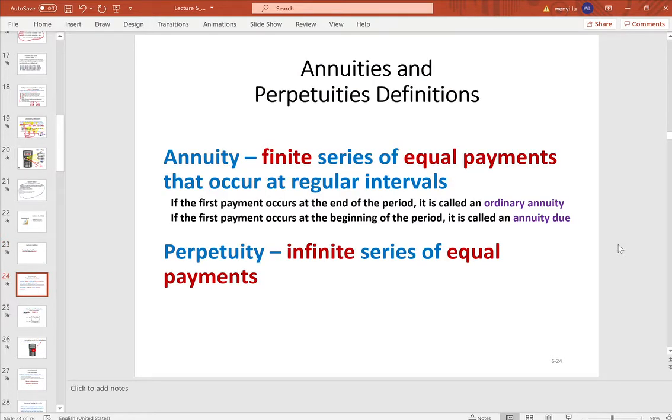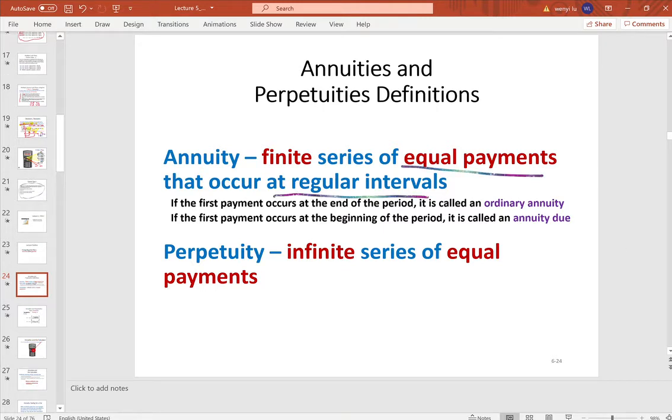First, let's define the annuity. Annuities, as the name shows to us, annual means when something happens annually. But in essence, annuities do not mean the annual payment, but mean the equal payments repeated at regular intervals.